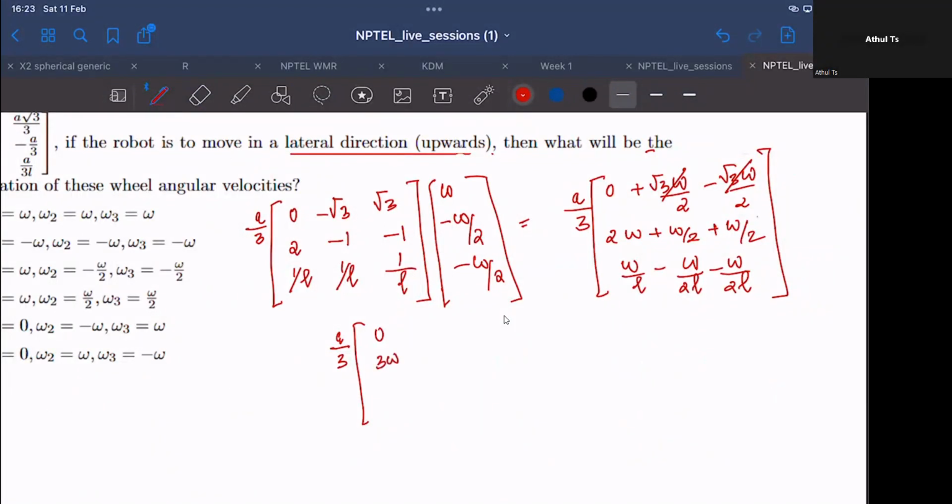And the third row basically cancels: we'll have negative half and negative half, that is minus 1, and this is positive 1, so that also cancels out. So it is similar to the case that we require: a 0 in the first row, a constant in the second row, and 0 in the third row.